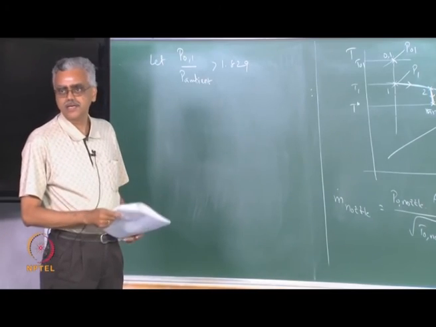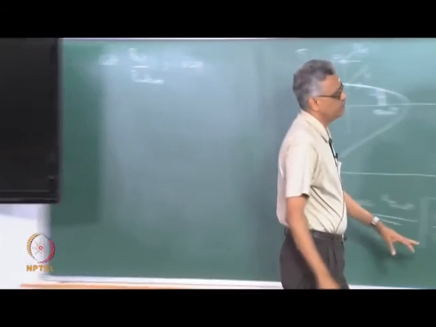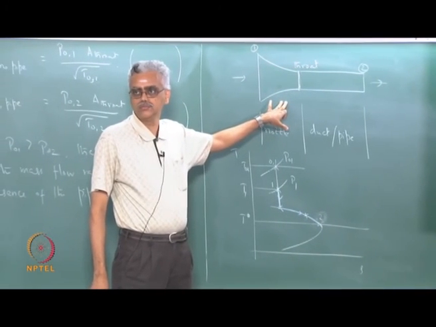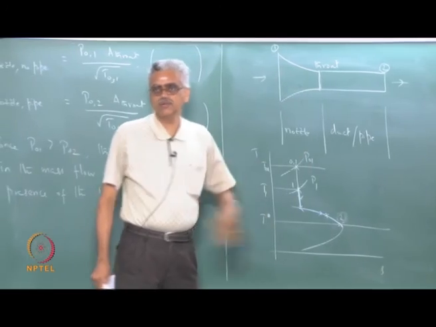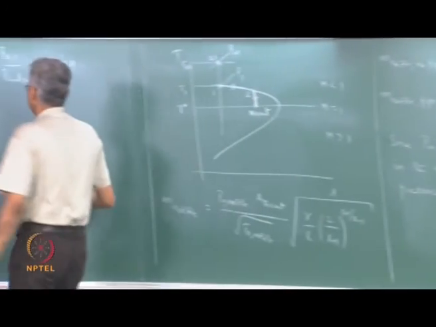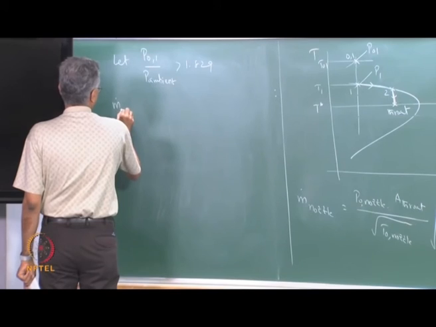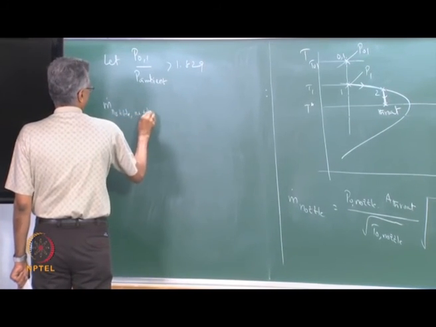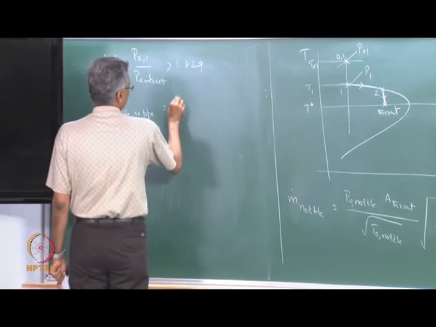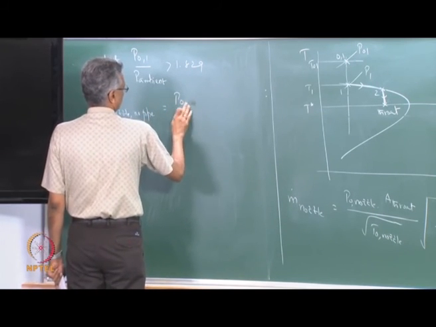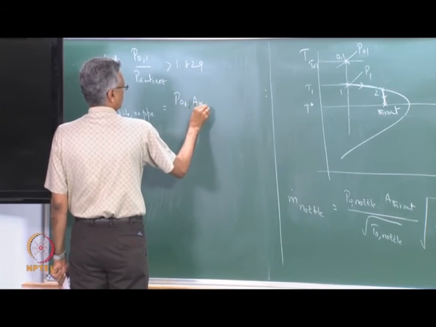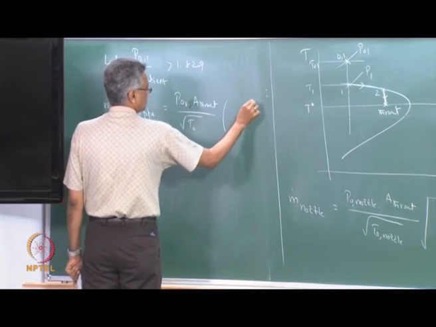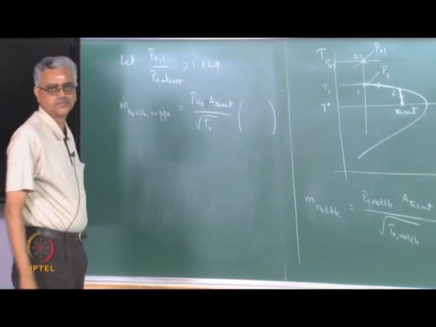Okay. That being the case, if the pipe had not been there, then the flow through the converging nozzle would have been choked, right, and the mass flow rate would have been equal to, so m dot nozzle, no pipe, would be P01 times A throat divided by square root of T01 times the quantity under the square root.